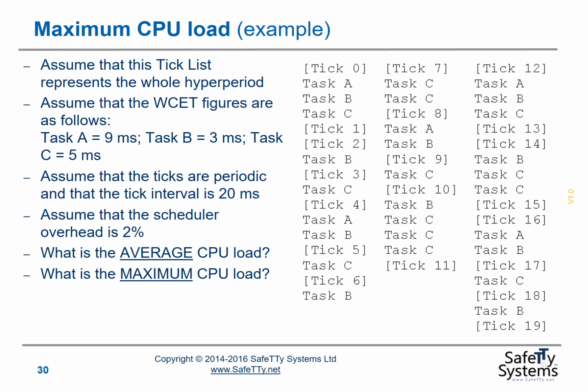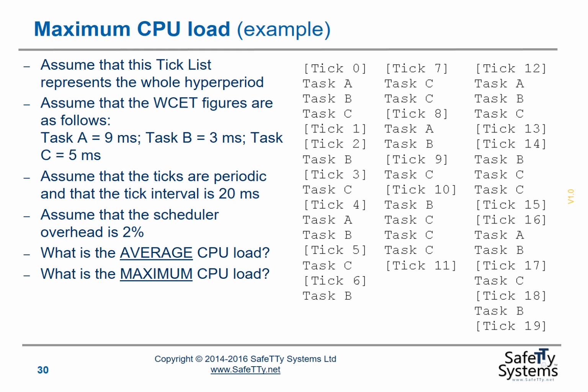The tick interval is 20 milliseconds, so that gives us our maximum CPU load of 90%. 18 milliseconds out of 20 milliseconds gives us 90%. To that figure, we have to add the scheduler overhead of 2%, which gives us a total CPU load of 92% in this example. We then want to calculate the average CPU load for the system.